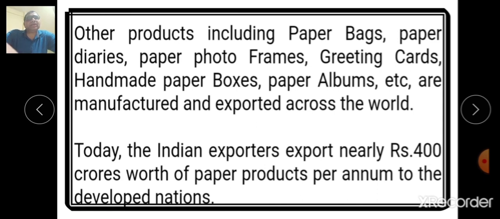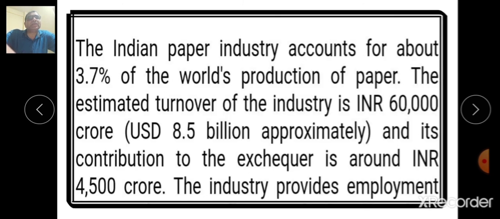Today, the Indian exporters export nearly rupees 400 crores worth of paper products per annum to the developed nations. The Indian paper industry accounts for about 3.7% of the world production of paper.